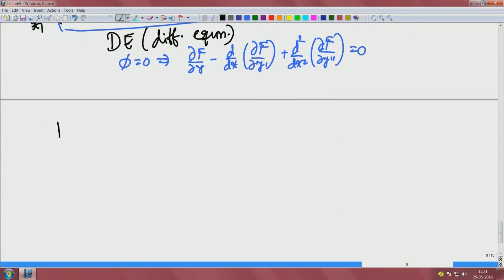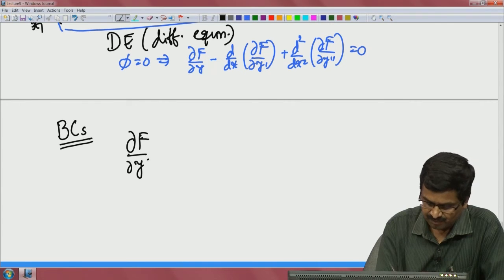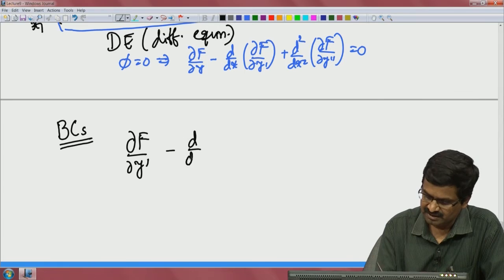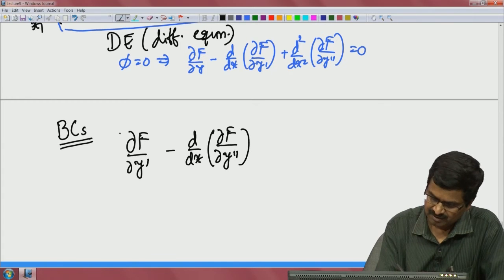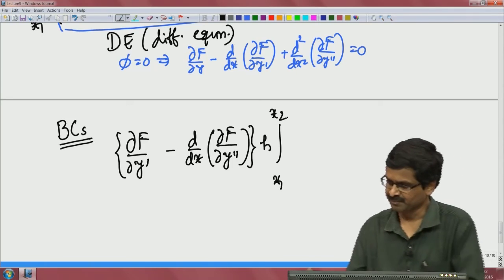So, the boundary conditions now, if I write: I have dou f by dou y prime that had h, and then we also have d by dx of dou f by dou y double prime, both of these multiplied by h at either end, x1 and x2, right.